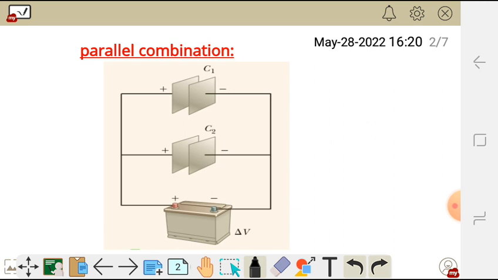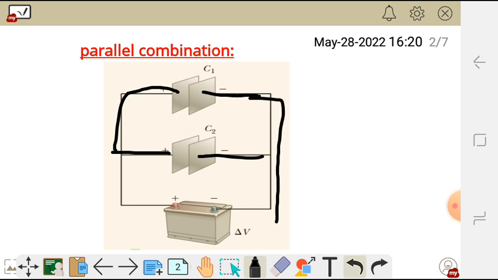Parallel combination of capacitors are capacitors which are connected in parallel, like these ones in this diagram here. These two plates are connected to the positive terminal, and these other two plates are connected to the negative terminal.